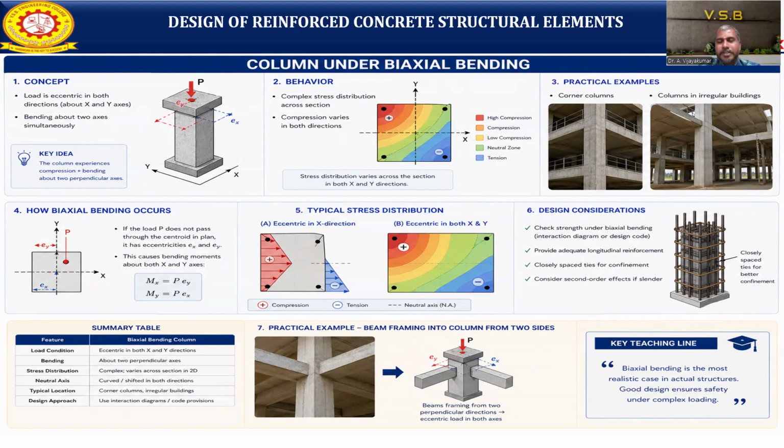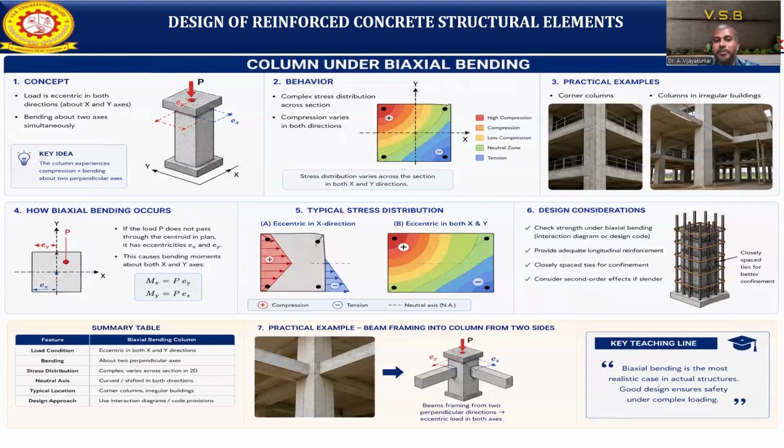So when you design for biaxial bending, the behavior is a more complex stress distribution across the section. In the case of the axial load column, there is no varying stress distribution; everything will be compression only. In uniaxial bending, one side has more compression and the other side is reduced. But in biaxial bending, the compression varies in both directions.